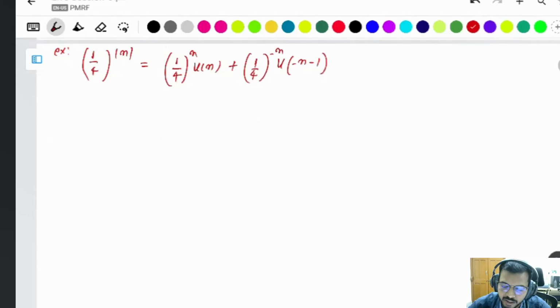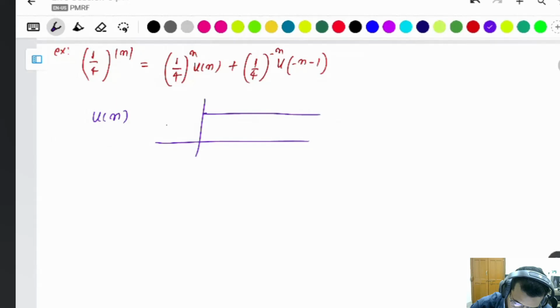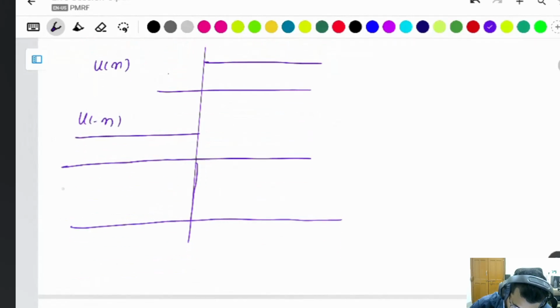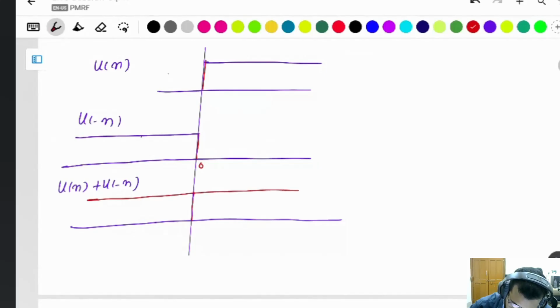This is a discrete signal. Suppose there is a continuous signal. Then u of n would be written like that, and u of minus n is written like that. If you add both signals, u of n plus u of minus n, then at the discontinuity at 0, the signal is taken as half of this one and half of this one, so the total will be 1.